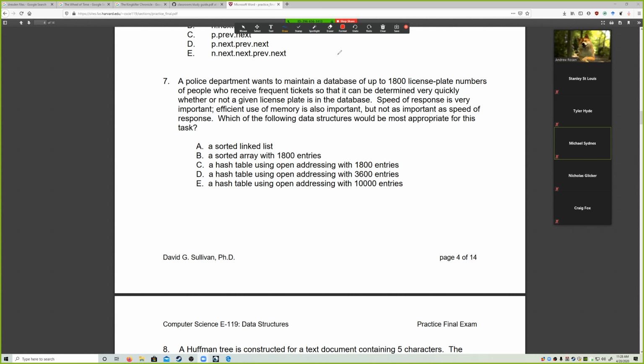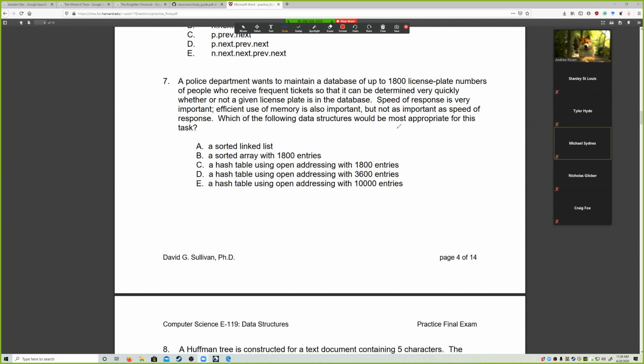All right. A police department wants to maintain a database of 1,800 license plate numbers of people who receive frequent tickets, so it can be determined very quickly whether or not a given license plate number is in the database. Speed of response is very important. Efficient use of memory is also important, but not as important as speed of response.